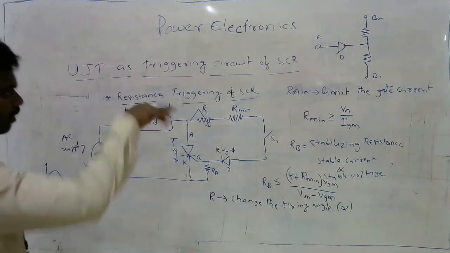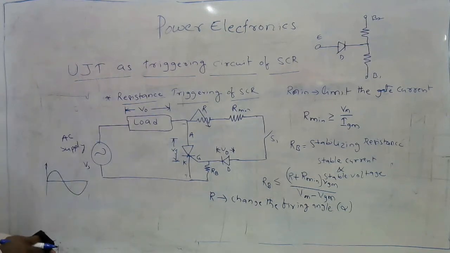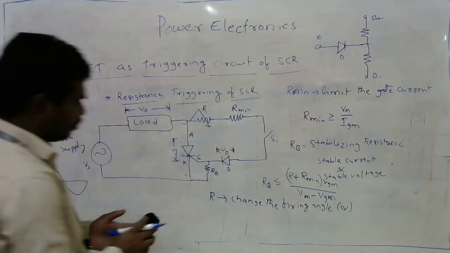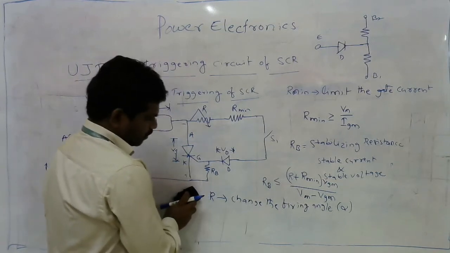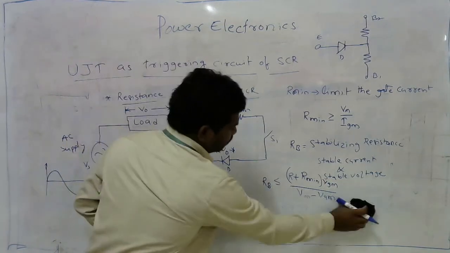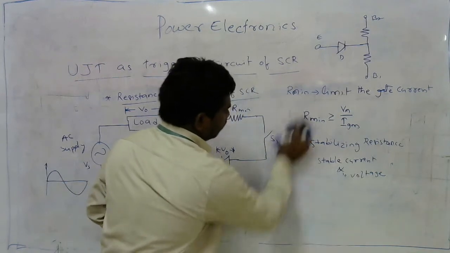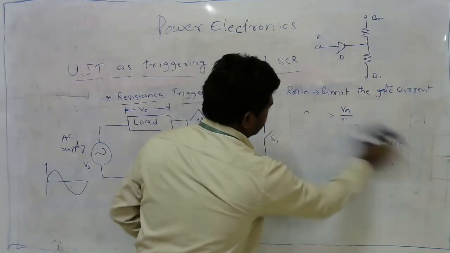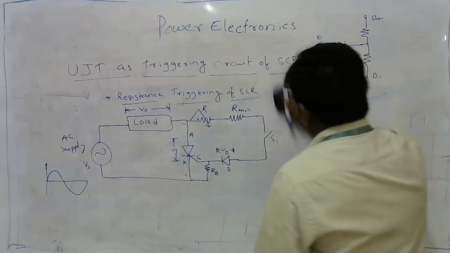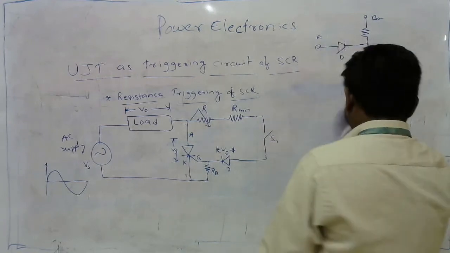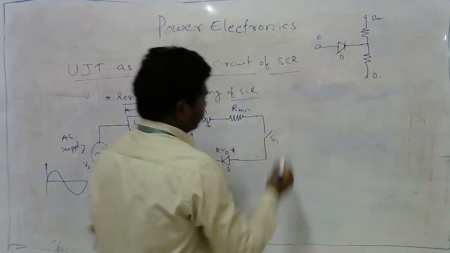We'll see the waveforms also for this circuit. So have you taken all these things? Yes. Okay, we'll see the waveforms based on the operation, on state of SCR, off state of SCR.